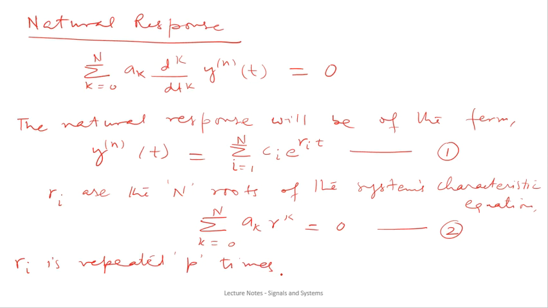If this root is repeated p times, then we include p distinct terms in the solution of equation 1 associated with r_i. So the terms which should be included are e raised to the power r_i t, then t times e raised to the power r_i t, and so on up to t raised to the power p minus 1 times e raised to the power r_i t.